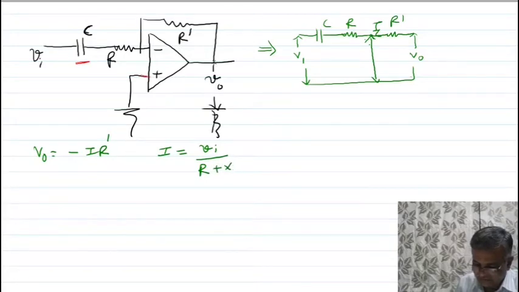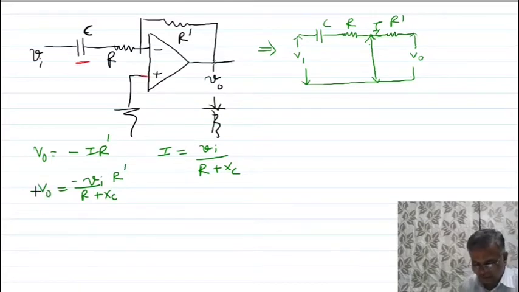This current is flowing in the input section. If I put this value, VO by VI, known as the gain, is minus R dash upon R plus XC.